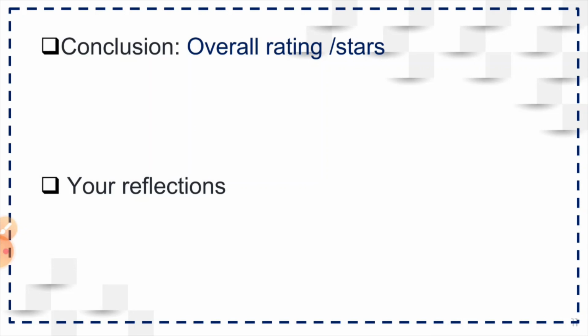Then your reflection: this activity is given to you in order to know your textbook closely. Okay, so how your experience had been in conducting that activity, your strengths and weaknesses while performing this activity, and many more points related to the reflection on your learning or your experience while conducting this activity can be mentioned.